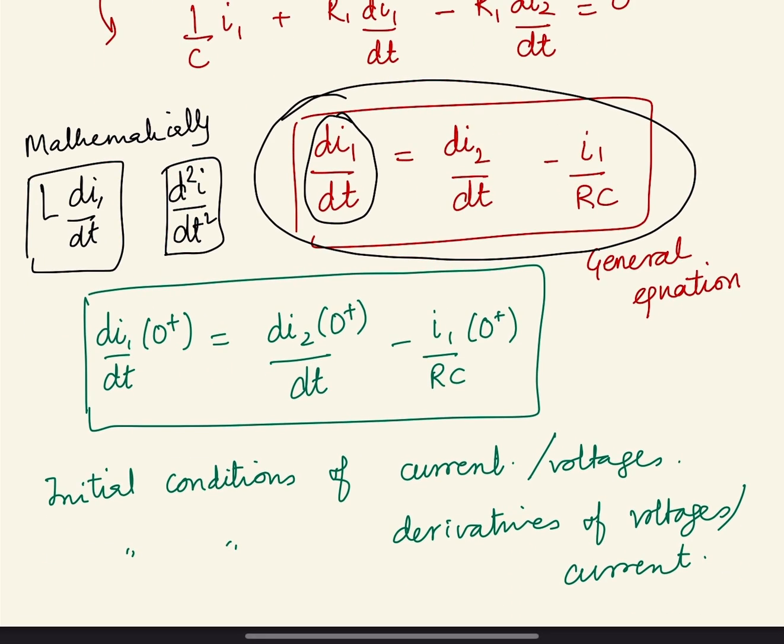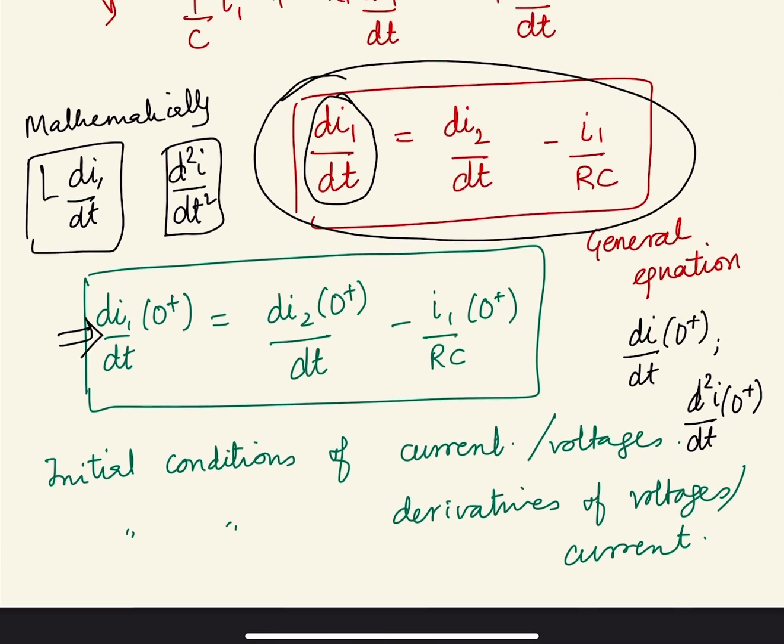If you are asked to find out di by dt at t equal to 0 plus, or you are asked to find out the double derivative of current, you should not be afraid.